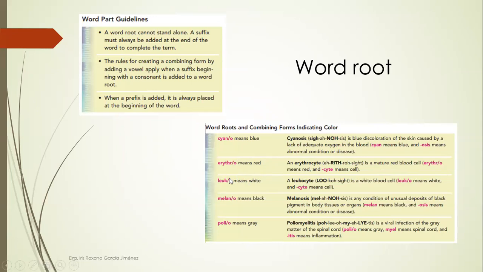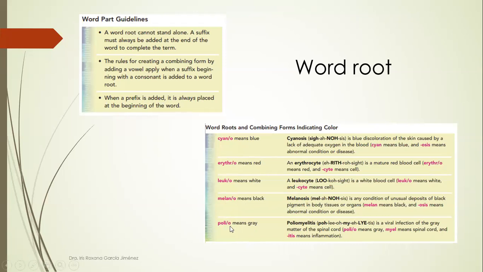Leuc is the word root. The vowel added, leuco. Leuco means white. With the suffix cyte, leukocyte. I think you're catching the idea with these easy examples, okay? While going through the course, you are going to find lots of these. For example, melan, with O, melano, with the suffix osis, melanosis, we got the medical term.